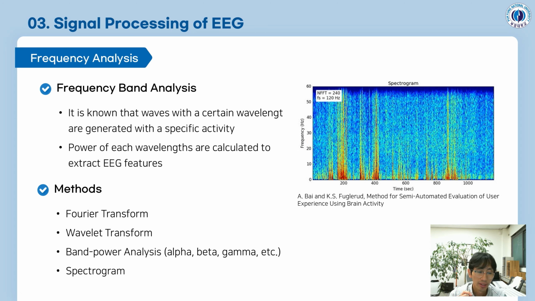In many cases, to understand this and to find some specific patterns, many researchers use frequency band analysis. Because it is known that waves with certain wavelengths are generated with specific activities. For example, if you focus on something, then probably you have heard that alpha power is going to be increased, or theta power is going to be increased.